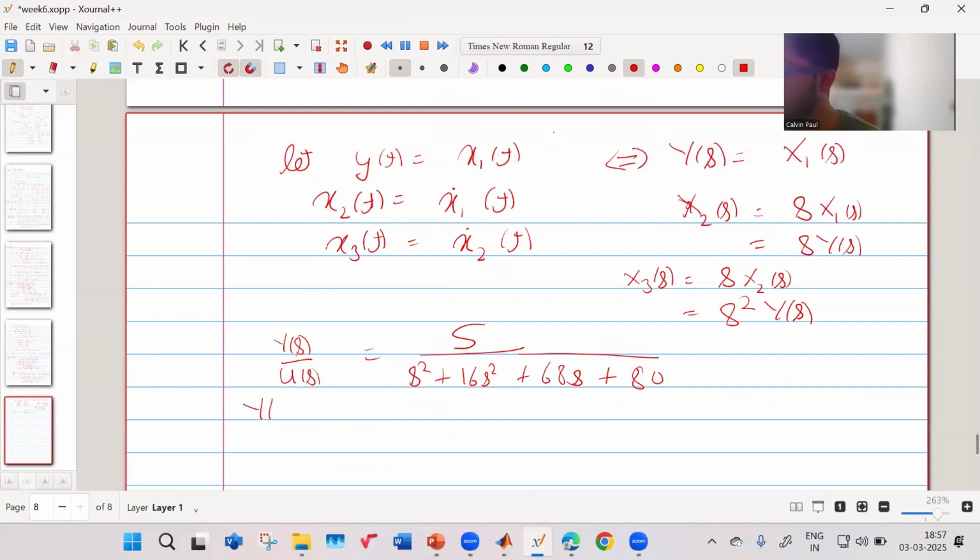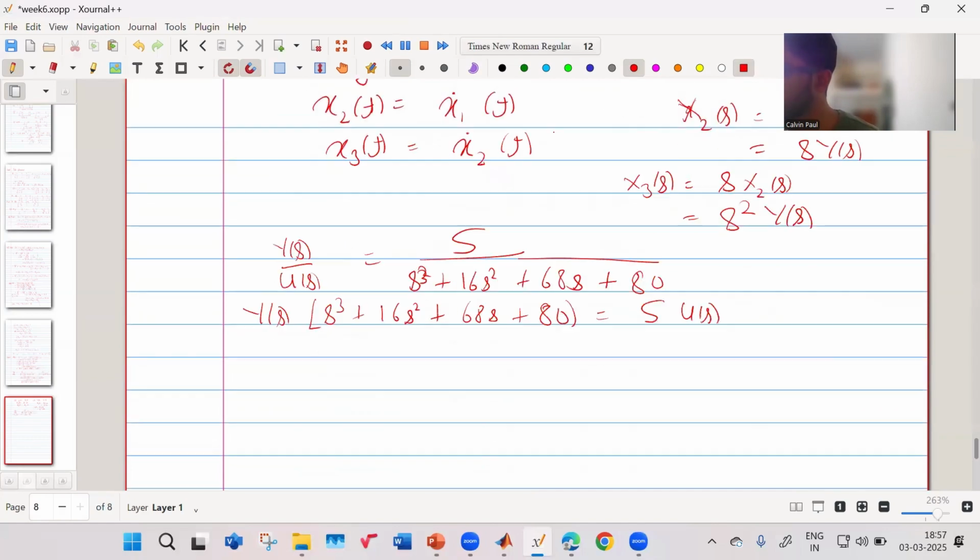So we multiply, and it becomes y of s times s cube plus 16s square plus 68s plus 80 is equal to 5 into u of s. So this is s cube into y of s plus 16 into s square into y of s plus 68 into s into y of s plus 80 into y of s is equal to 5 into u of s. Okay.